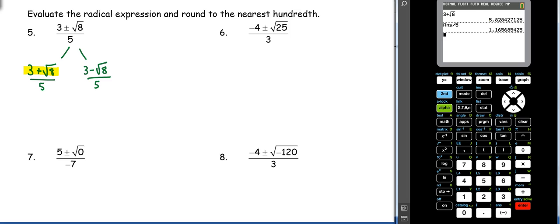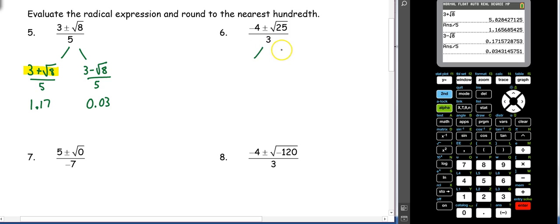Because it's a 5, I'm going to round up, so this rounds to 1.77. And then I'm going to do that again with my calculator, but this time I'm going to subtract the square root. So 3 minus the square root of 8, enter, divide by 5, and that gets me 0.03.